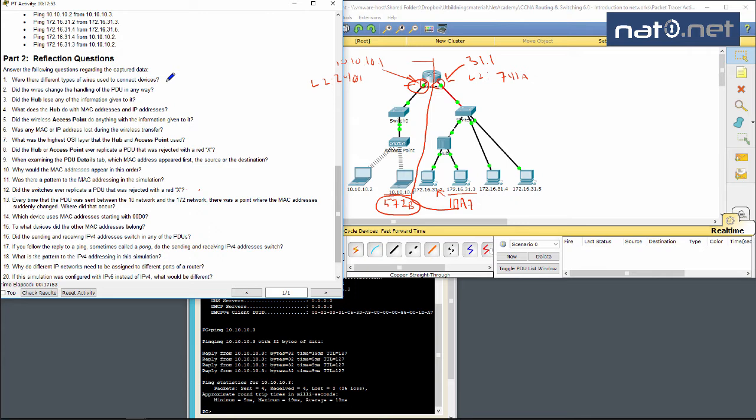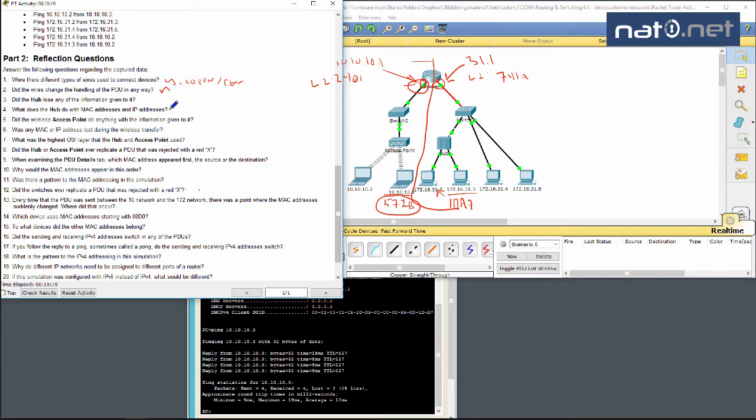Its content is not changed because the media changed between copper and fiber, because it's the same Ethernet. So answer to that is no. I can write it down. First of all, yes, copper and fiber. Answer to question number 2 is no.